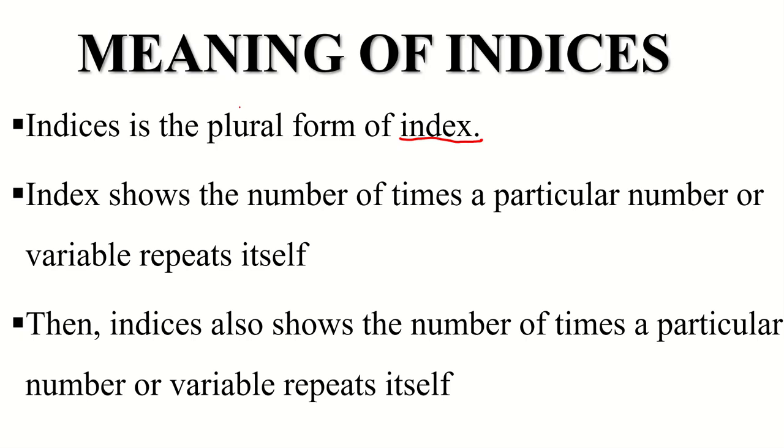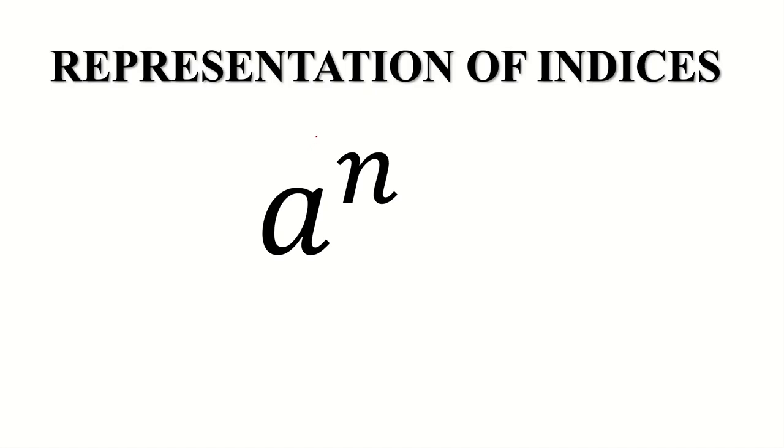So having known this, let's go to the representation of indices. We have two numbers here, one at the bottom and one at the top. The number at the top is what we call the index or exponent.